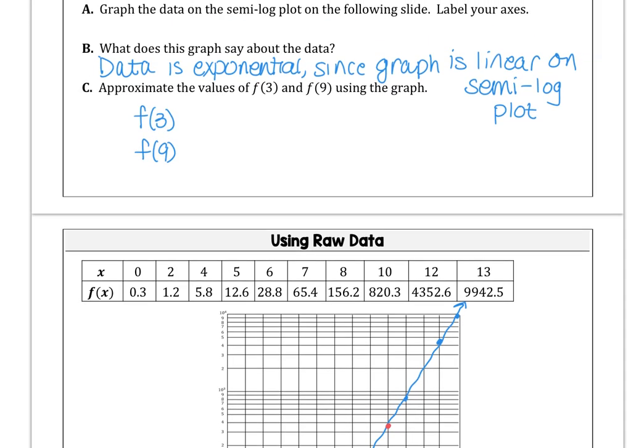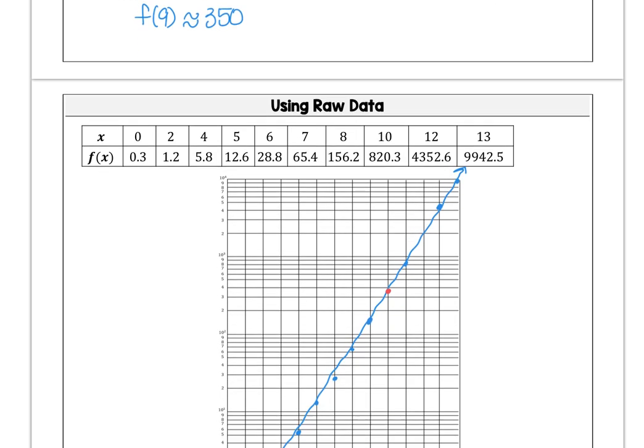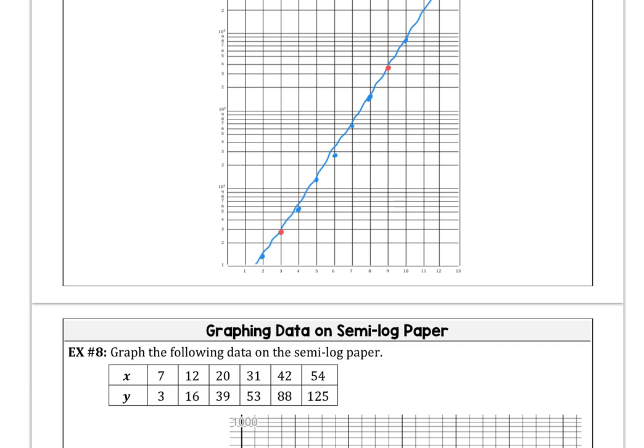So f of 3 is really close to 2.8 or 2.9, and f of 9 is about 350. They've also asked us to label the axis. So this is f of x here, and this is x here. And in red, we had f of 3 here and f of 9 up here.